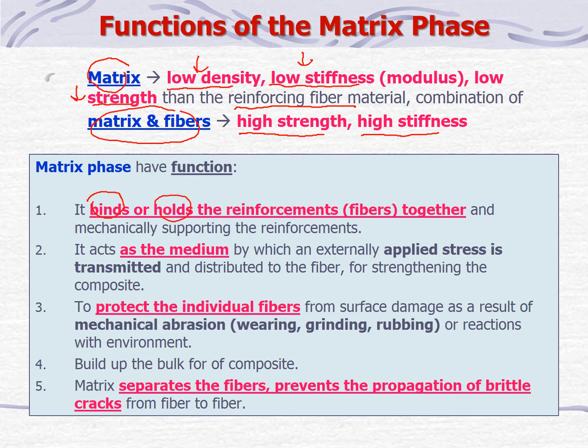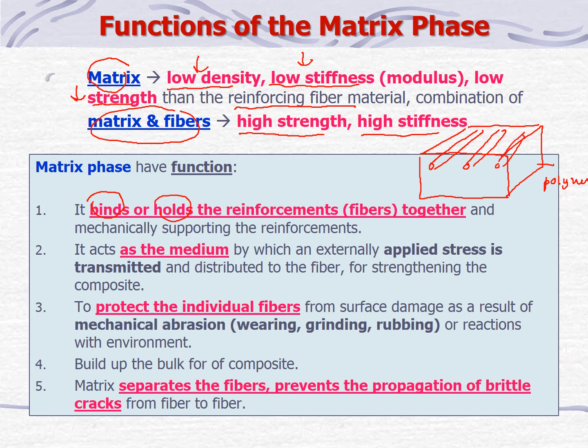Let me draw the composite. Assume this is a material, only a polymer material. Because this polymer material has low strength and low stiffness, we add reinforcement to this polymer. We add this long fiber, which is the reinforcement.